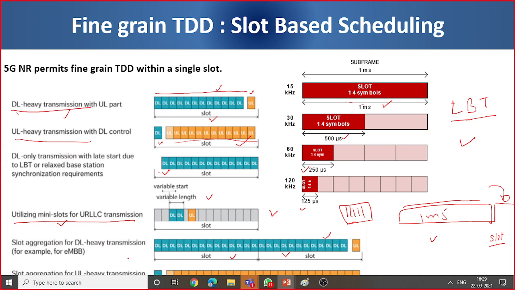So in case of a downlink heavy transmission, basically an example is enhanced mobile broadband, say you are downloading a very big movie file, this concept may also come. So heavy transmission in downlink, and also the below diagram is shown for uplink. You may not be able to see completely, perhaps it's overflowing. So that is a concept of fine grained TDD.